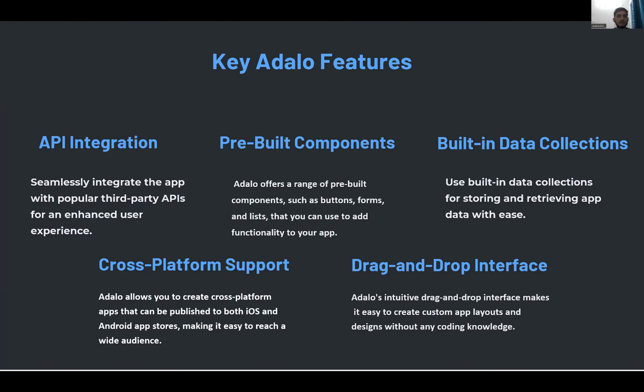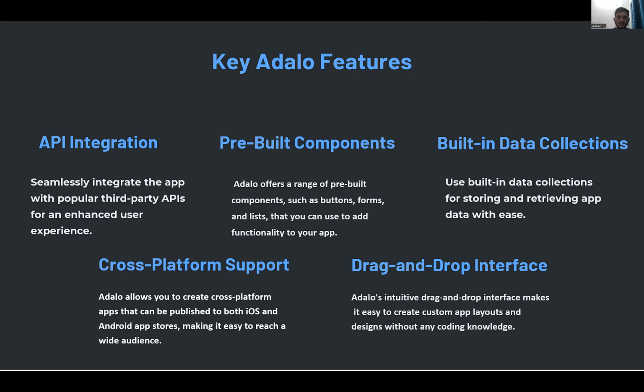So these are some of the key Adalo features. First is API integration. Adalo offers a range of integrations with different third-party services and APIs, such as Google Maps and also Stripe. Stripe is a payment processing platform that enables businesses of all sizes to accept payments online.